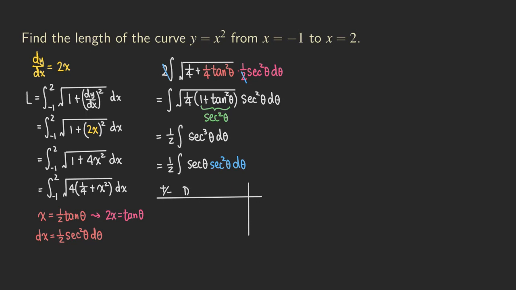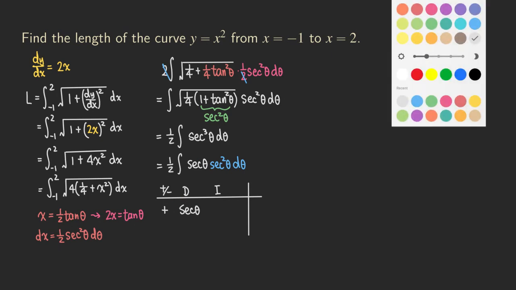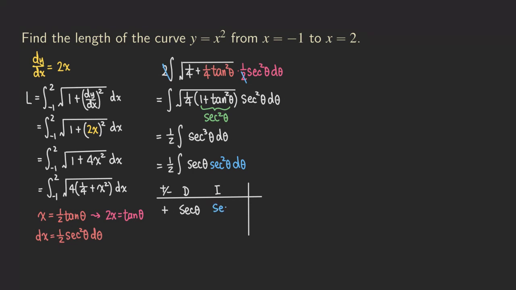So I'm just going to put the D here, and then we put the I here. So we have plus, and then all we need to do is to put the secant theta right here. And then what about the other one? The other one is going to be just the blue writing here, right? This is the one that we can integrate. And usually we are going to just omit the d theta right here.